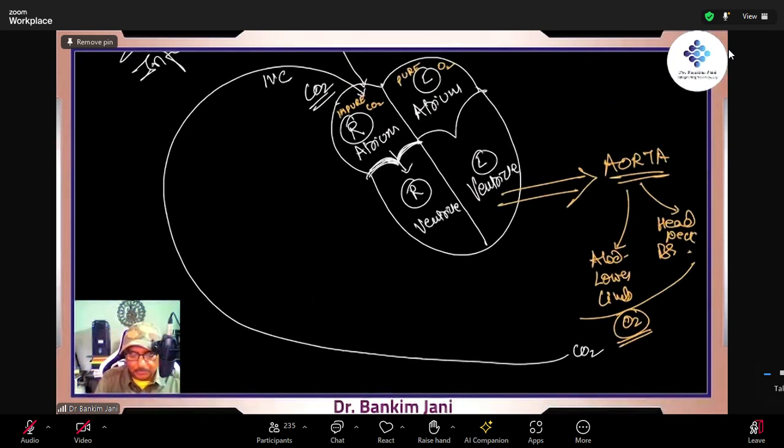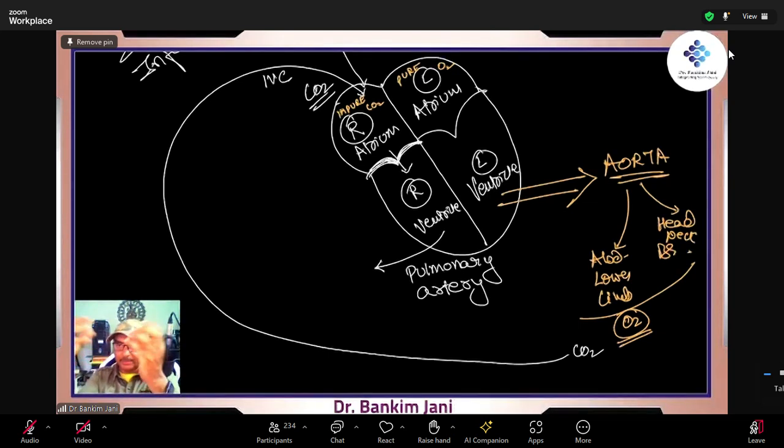Blood will come into the right ventricle. From right ventricle, the exit path is the pulmonary trunk, and then it divides into right and left pulmonary artery. Otherwise, it is like a big trunk, and then it divides into right and left.